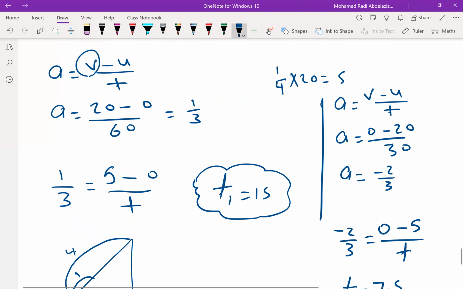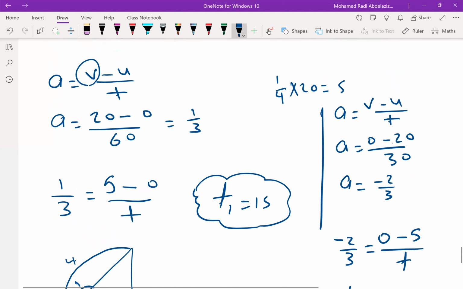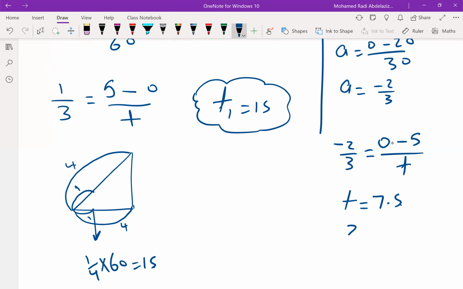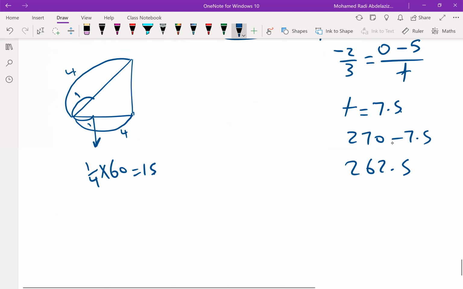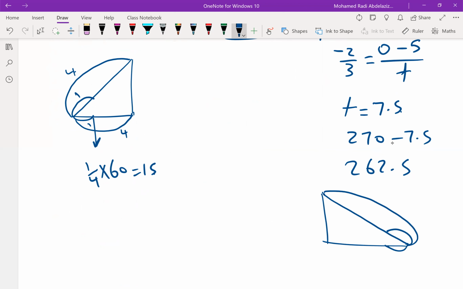But we are asked to get the value of t2, which will be the total time, 270 minus 7.5. So the final answer is 262.5. You can also use similarity. How? You are asked for a fourth, 1 to 4, so the velocity is 1 to 4, and the time is 1 to 4.